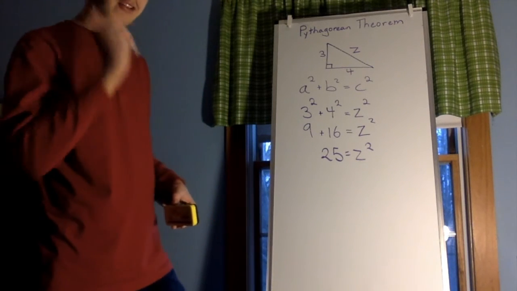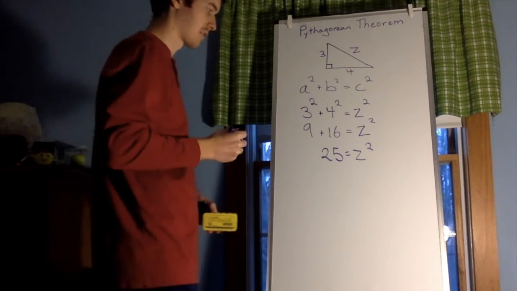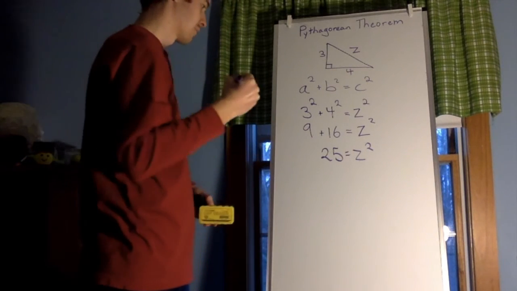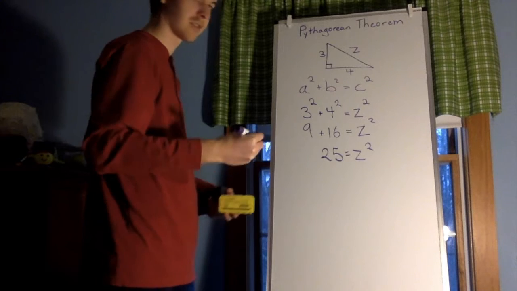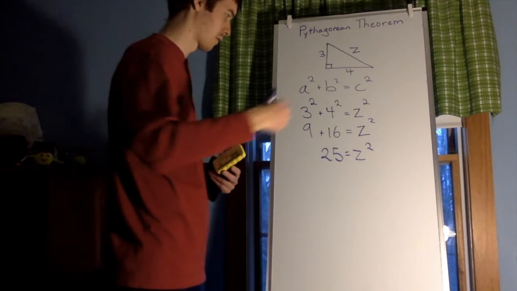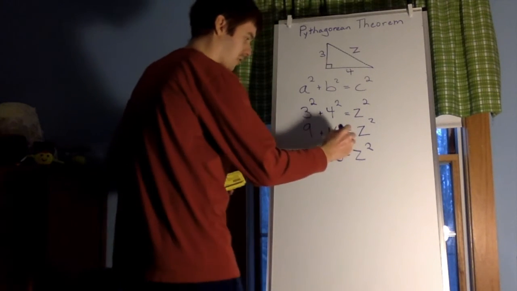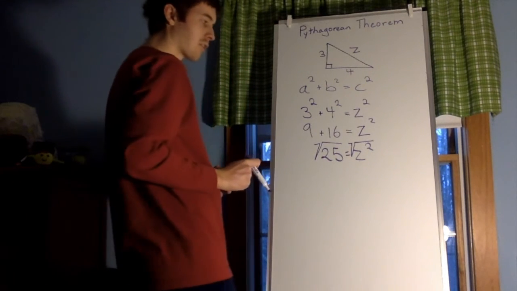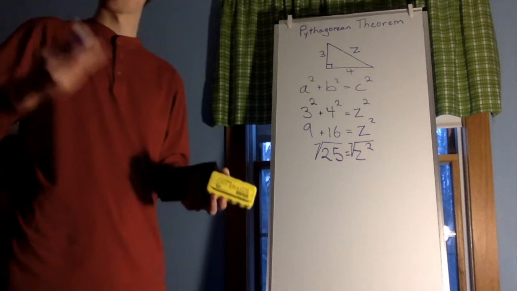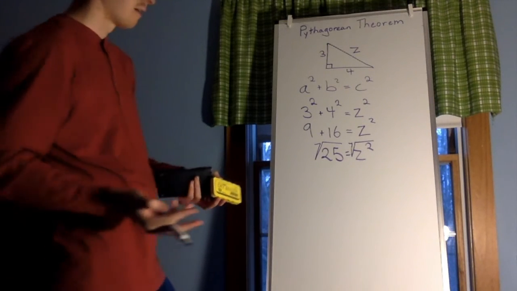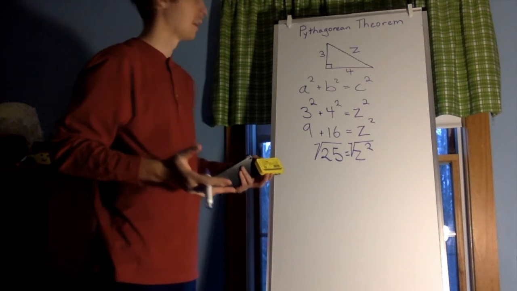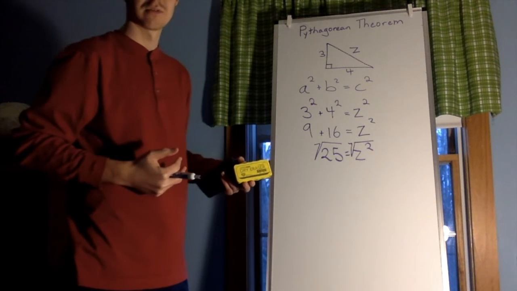So we have to think back to our inverse operations. Z squared, if I want to get rid of that square, I have to do the opposite, which is taking the square root. So I'm going to take the square root of both sides. Even though taking a square root gives you a positive and a negative answer, typically, because we're dealing with length, we're only going to use the positive answer here.